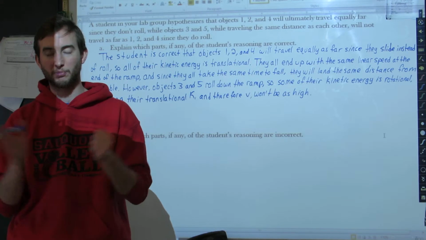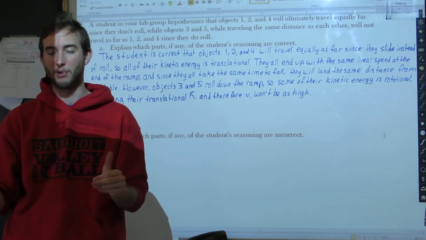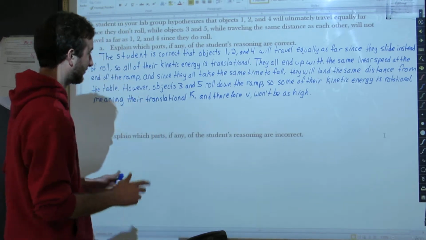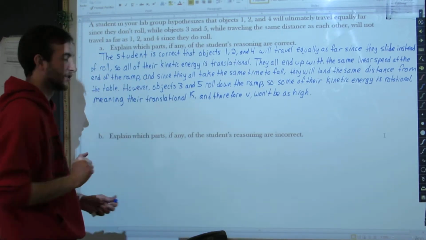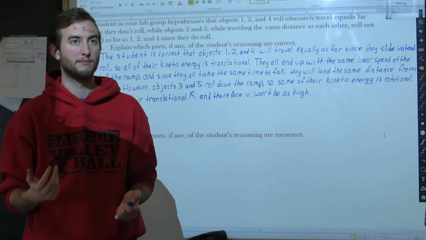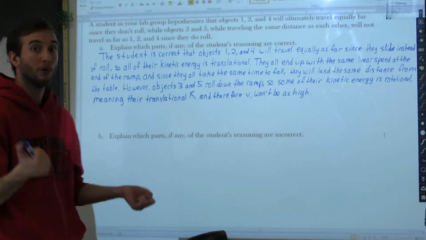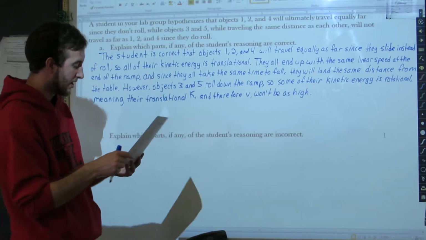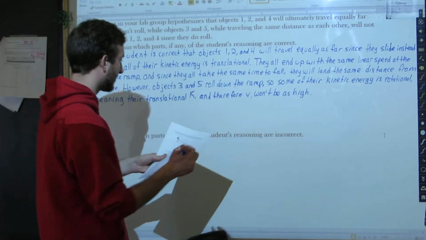And since we are splitting the kinetic energy for 3 and 5 into two parts, only one of which really has to deal with linear speed, the ones 3 and 5 won't have as much speed because we're splitting it up. But the total kinetic energy is the same. That does not change. So, therefore V won't be as high.